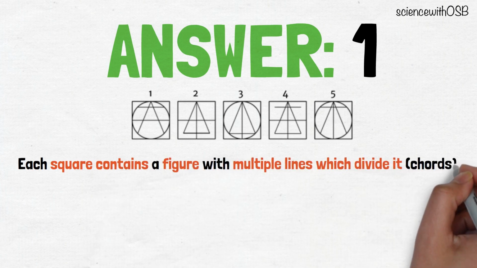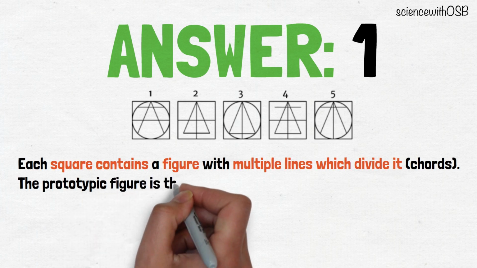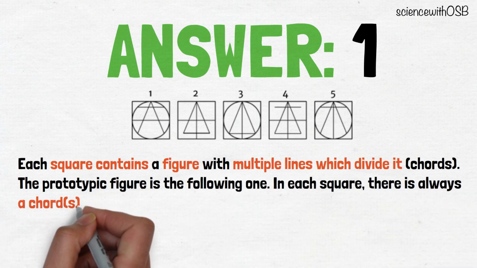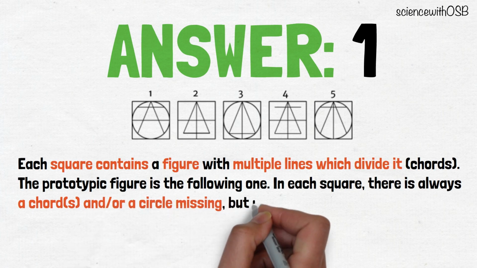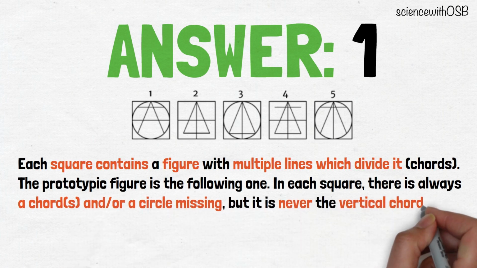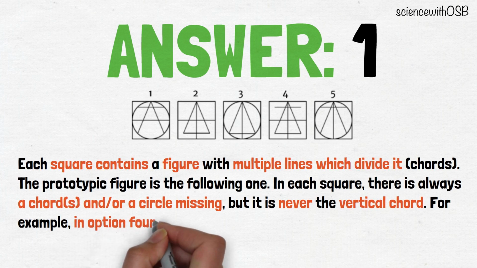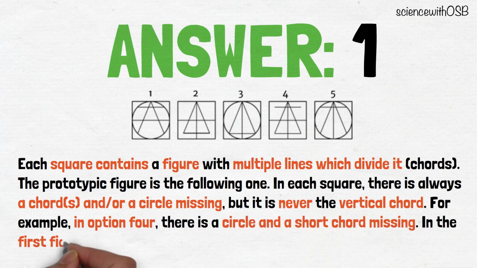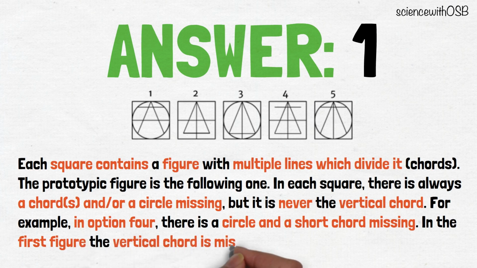The prototypic figure is the following one. In each square there is always a chord and or a circle missing. But it is never the vertical chord. For example, in option 4, there is a circle and a short chord missing. In the first figure, the vertical chord is missing. Thus, option 1 is the odd one out.